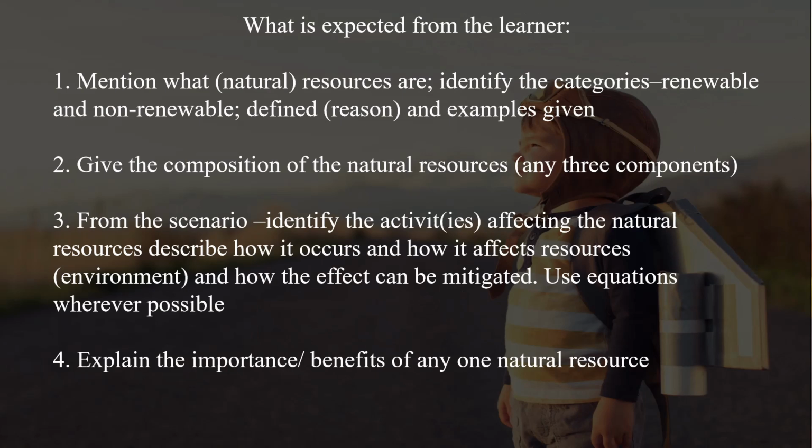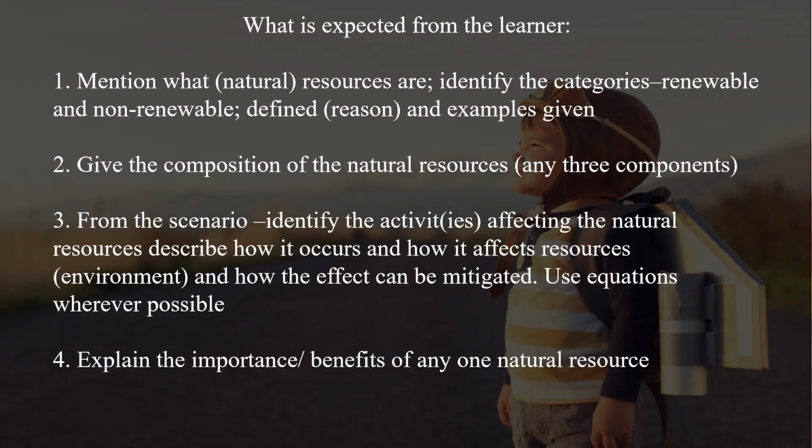So you define, or you give a reason why you have categorized it as such, and you give an example. If you have categorized it as a renewable natural resource, why have you categorized it as renewable? You define it. Now, after defining, you give an example.